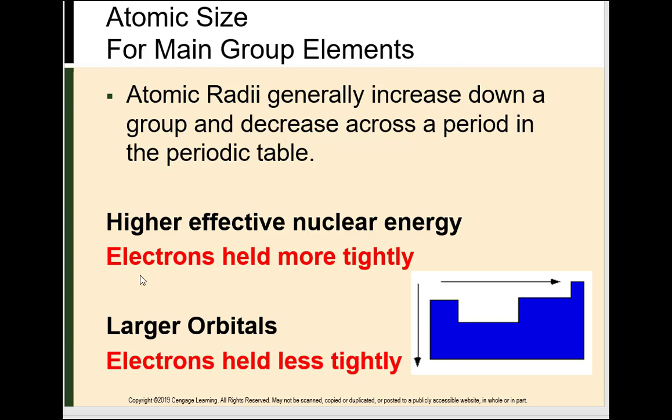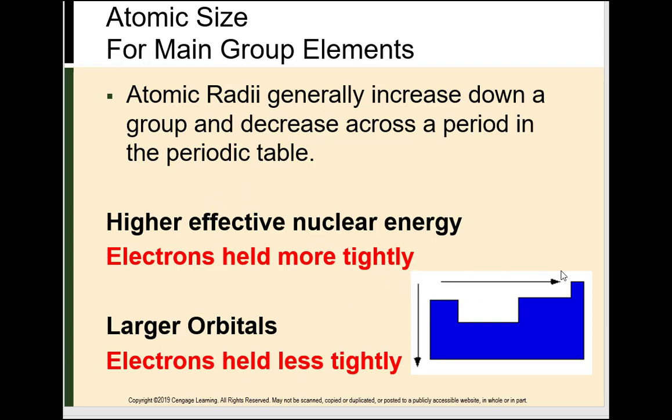And this happens because as we go across the period, these electrons are held more tightly because there is higher nuclear charge. Remember, as we go from left to right, our protons are increasing. So there is greater nuclear charge, so those electrons are being held more tightly because of that greater overall charge.